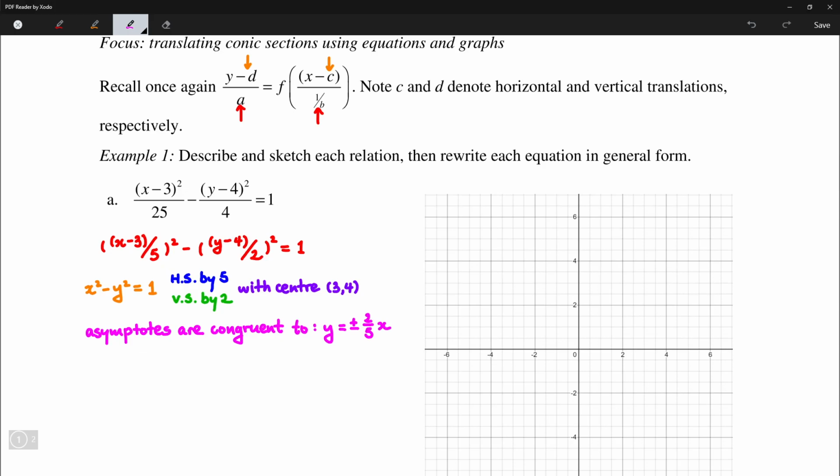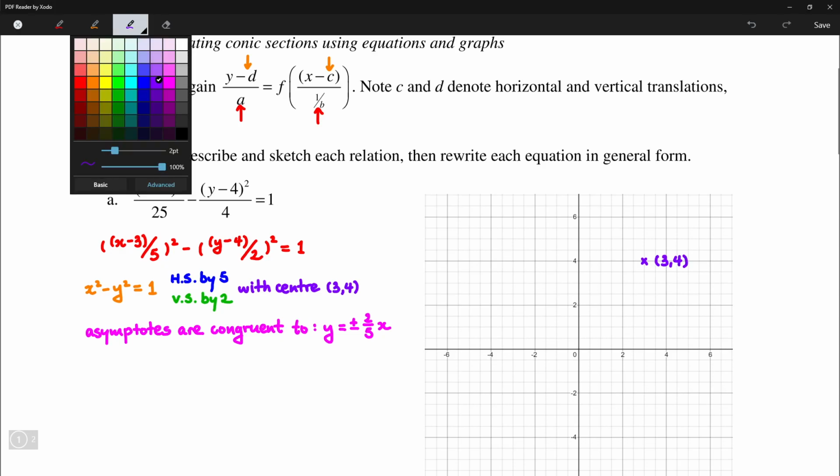Okay. With this information, we can now draw a sketch of the conic section, the hyperbola. First, we'll locate the center 3, 4. There it is. And we can label the point.